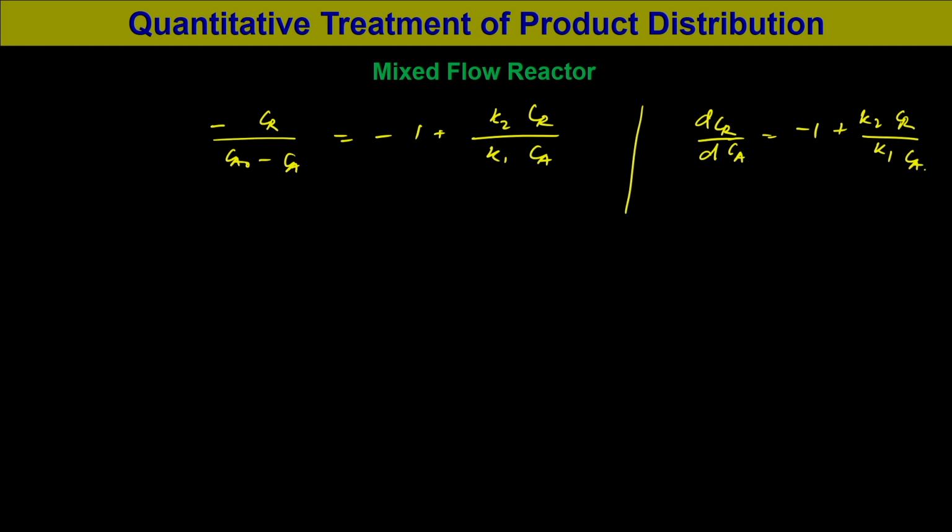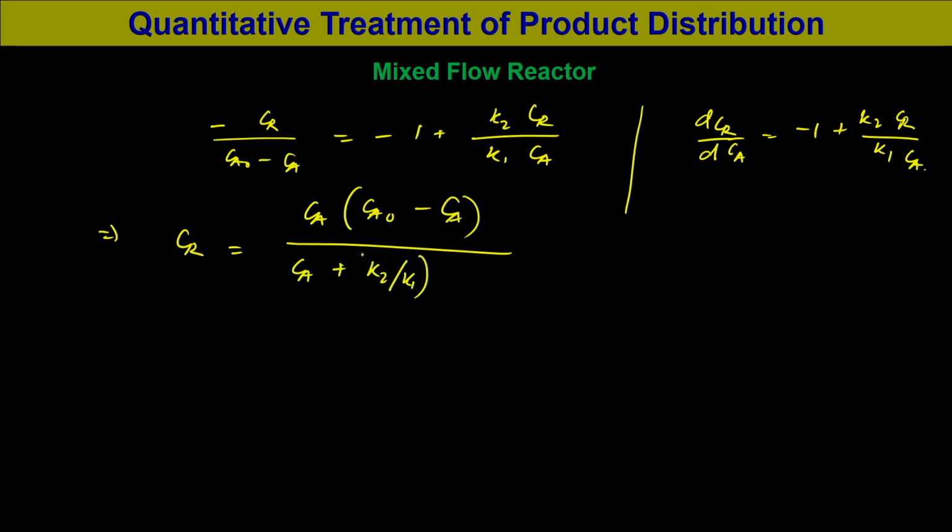Now, if we write CR in terms of CA, we can write CR is equal to CA into CA naught minus CA divided by CA plus K2 by K1 into CA naught minus CA, and we can find the maximum by the earlier procedure.